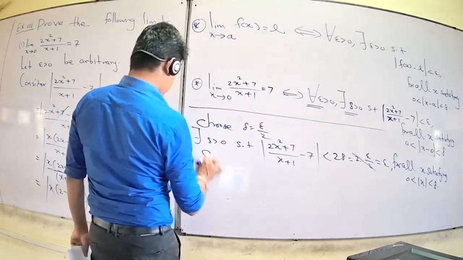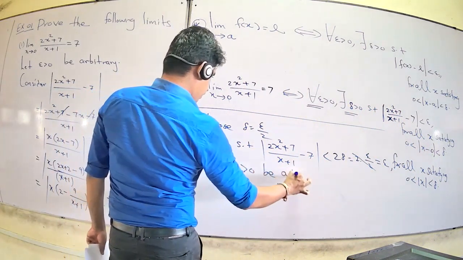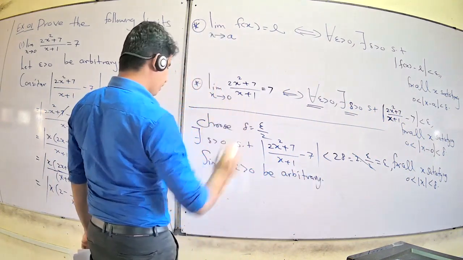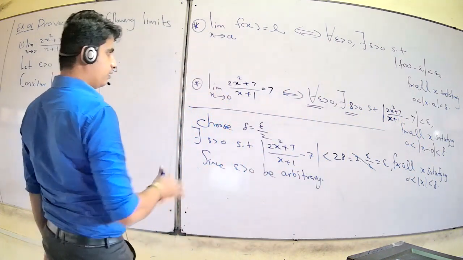Therefore, since epsilon greater than 0 was arbitrary, this result is true for all epsilon values, right? For all epsilon, this result is true.